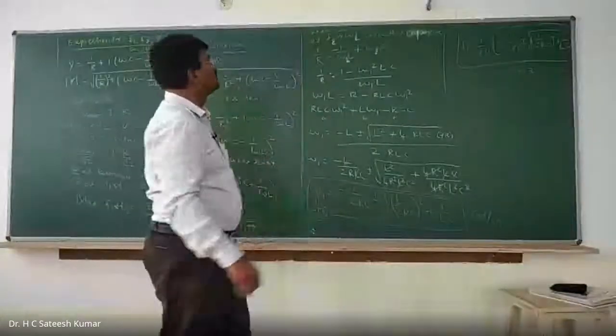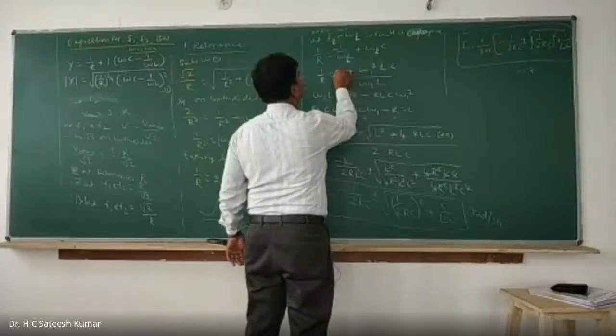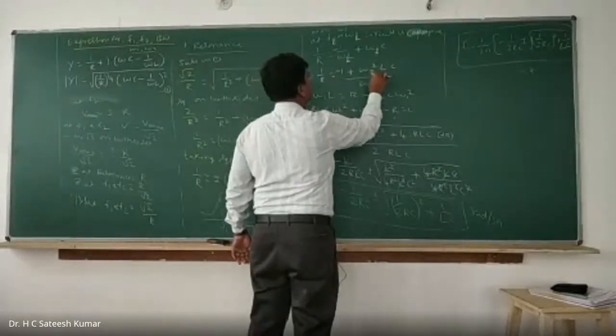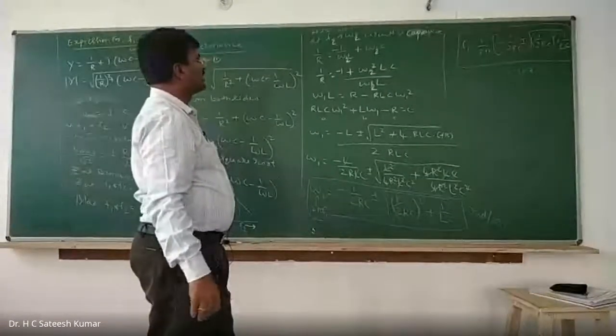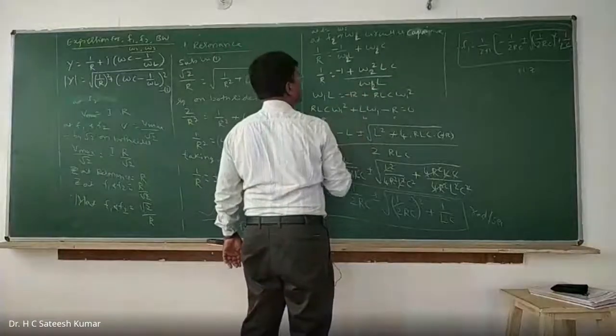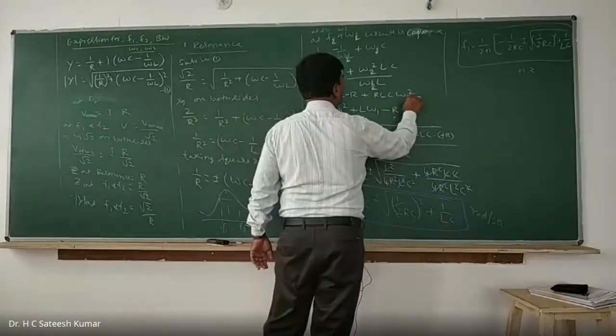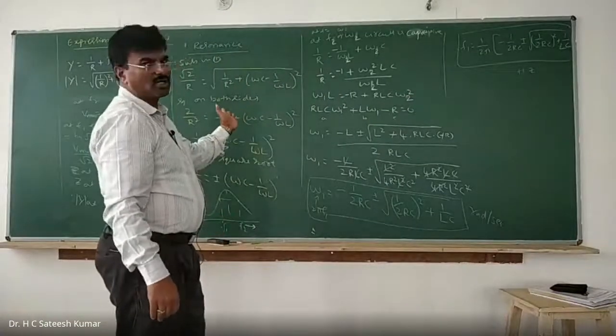If you take the LCM, this will become plus, this will become minus, and this is omega 2 square.